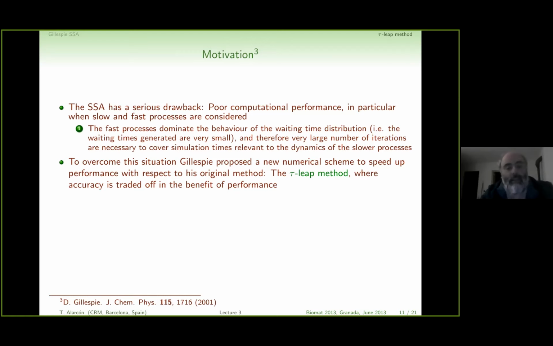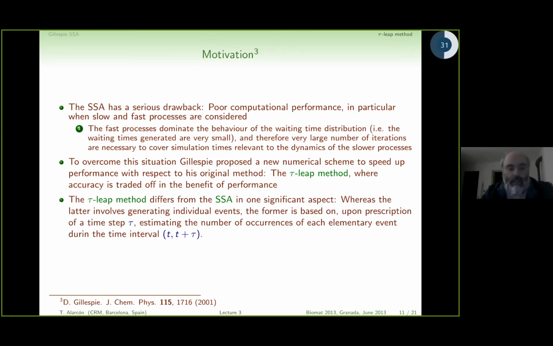So basically we need to resort to methods like the tau-leap method that I'm going to tell you about next, where accuracy is traded off somehow for the benefit of performance. Sometimes this is okay.